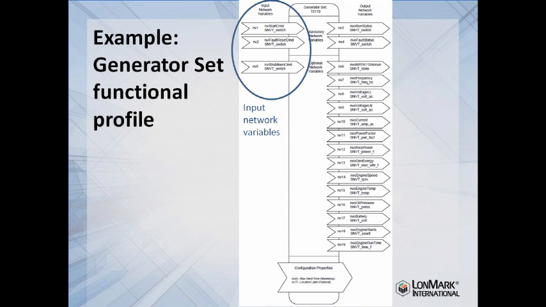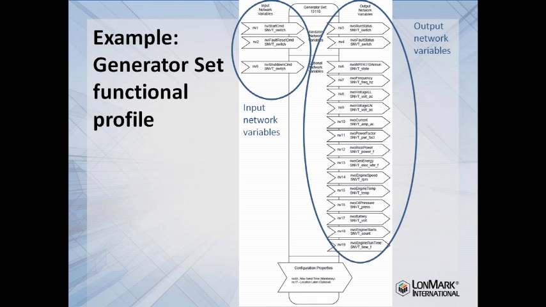So the left-hand side here is for the input network variables. The right-hand side is for the output network variables. And below that we have configuration properties.